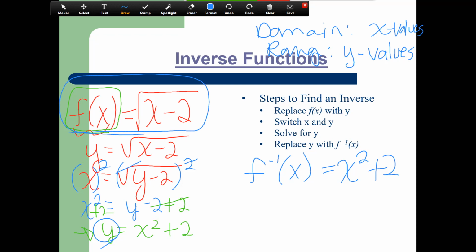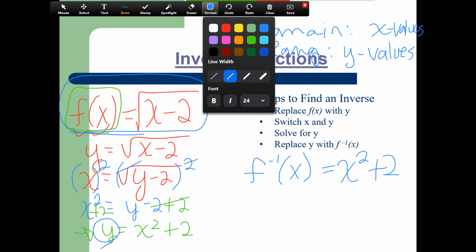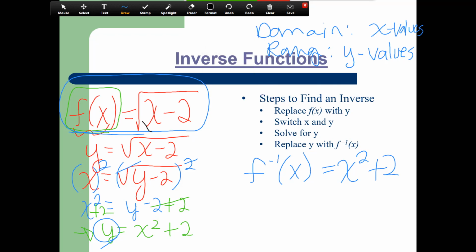If you take a look at that, that actually is not going to include all values for plugging in for x. It's also not going to have all y values for your range. On this one here, if you remember, when we were doing domain and range, what was underneath here had to be bigger than or equal to 0.